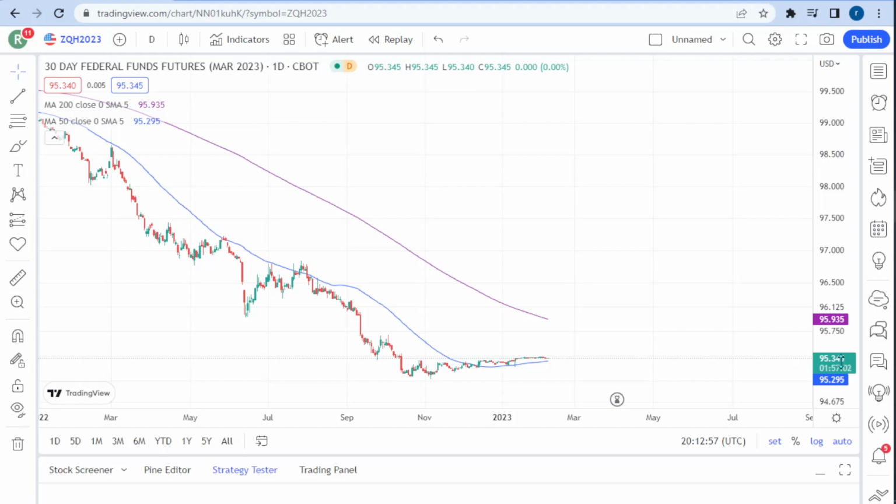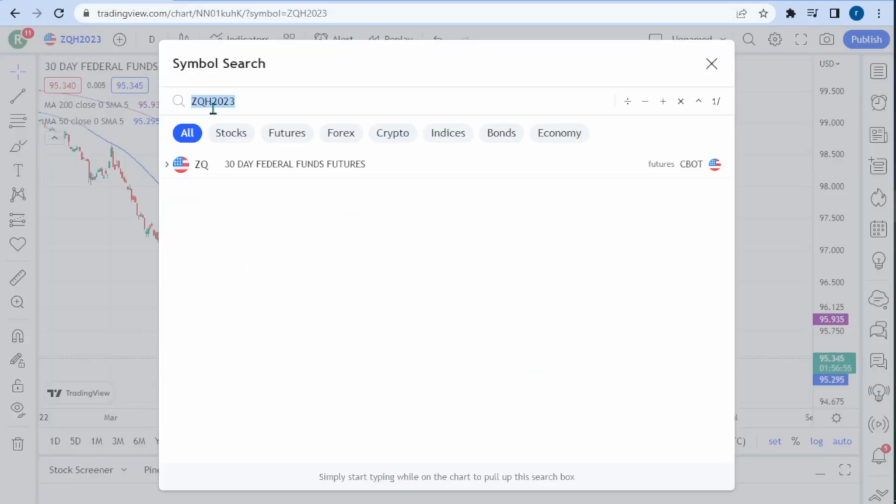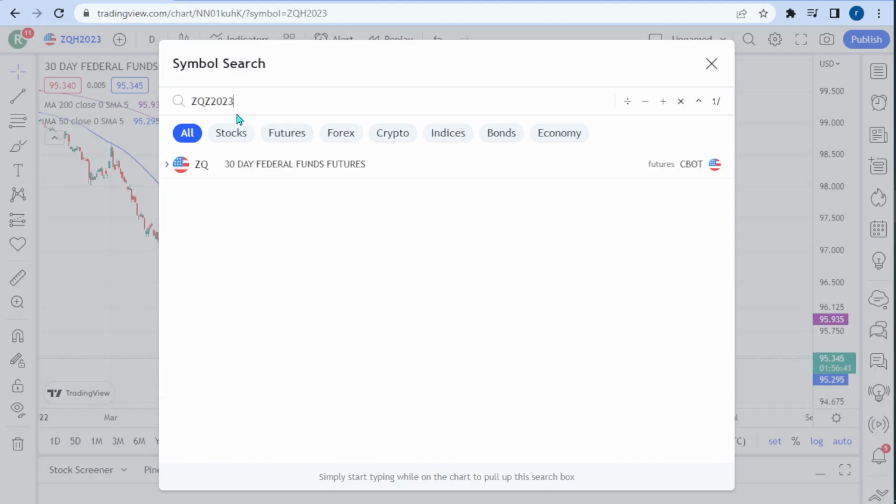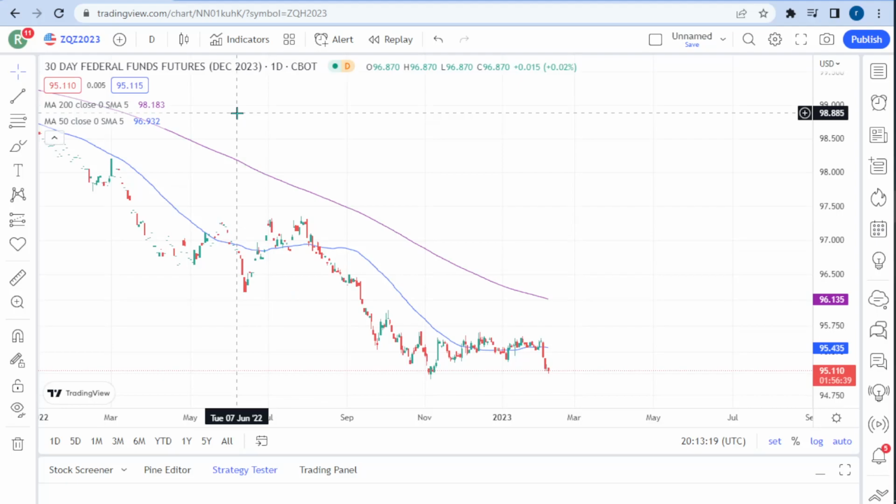A better way to actually understand how to properly use this is to use a spread. So what I can do is I can look at ZQH 2023, or I could look at ZQZ 2023, or I could look at the difference between both of them. So let's go ahead and look at ZQZ 2023. This is going to represent the December contract. Notice that it's 95.11.